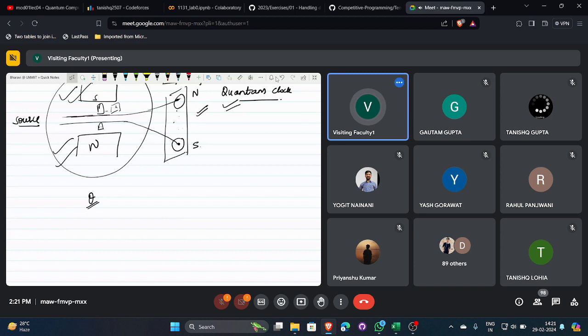Maybe we are right, maybe we are wrong, and it depends on how we are doing the measurement. Suppose it was a simple clock case, so either you will be 50% right or 50% wrong. In the case when it was 4 o'clock, or I was saying 8 o'clock, in both cases, either you will be correct or you will not be correct. But when we go deeper, the chances of both may increase or decrease.